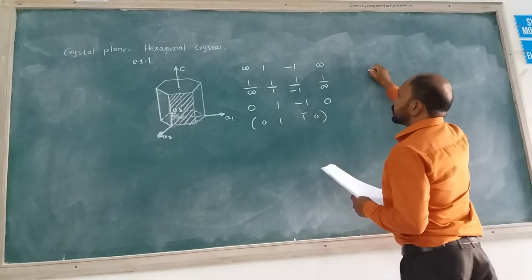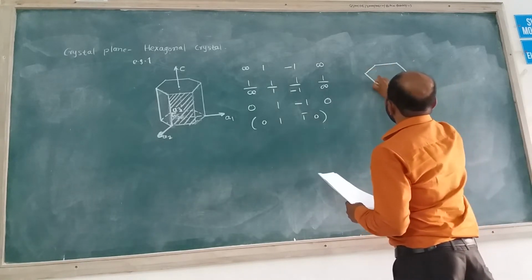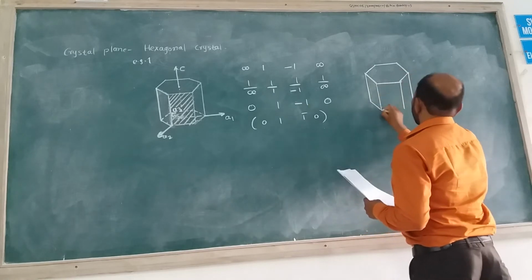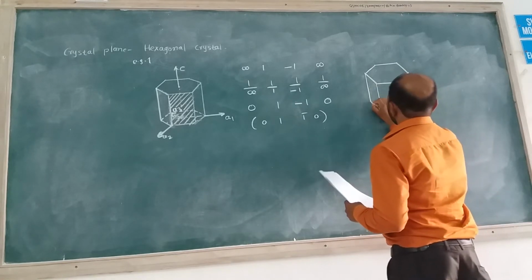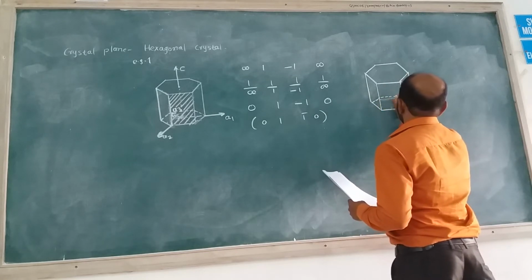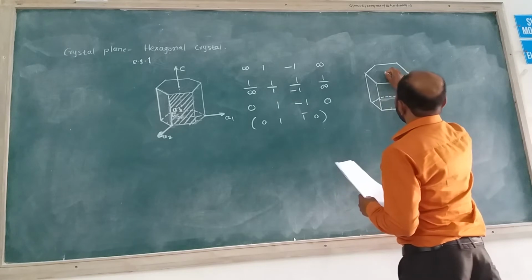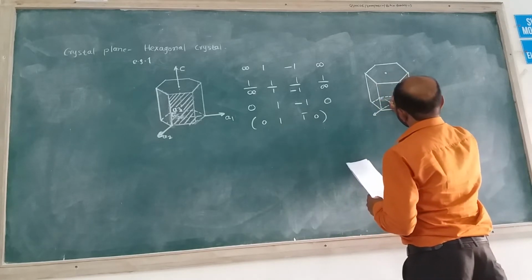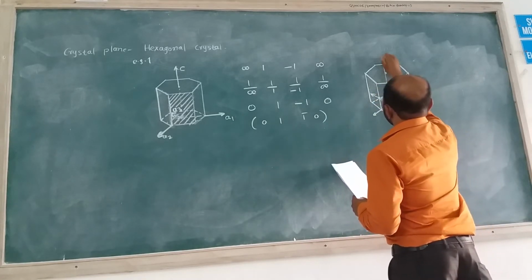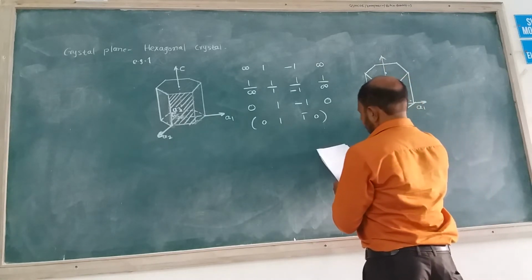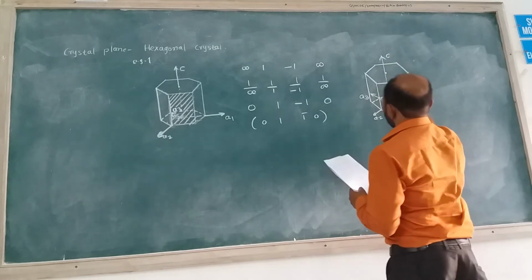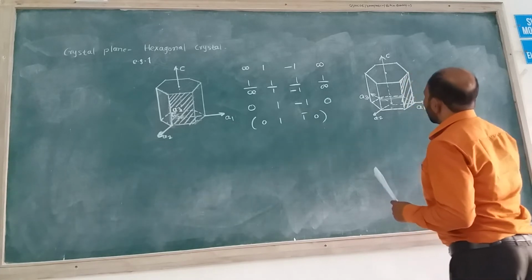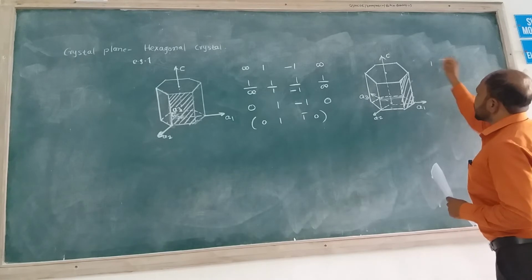One more we check. Now if we want to find this shaded plane, at A1 the value is available, unit distance.